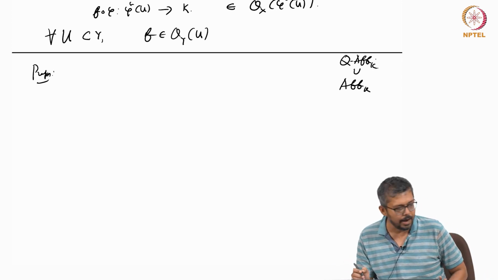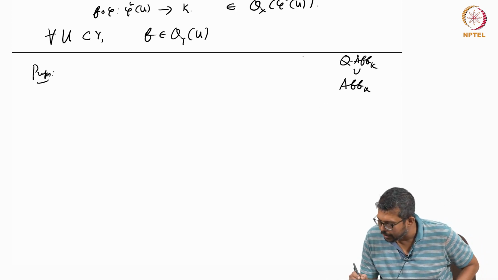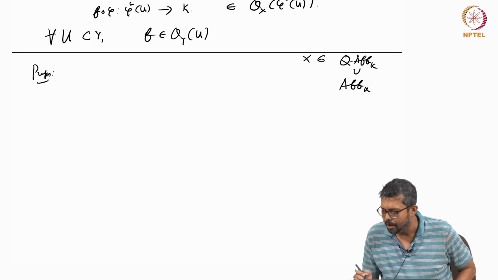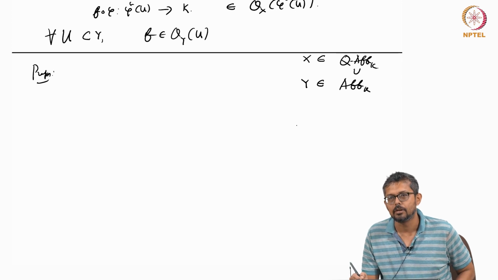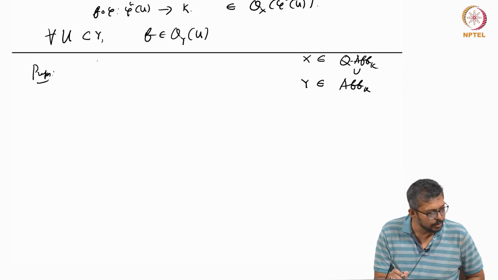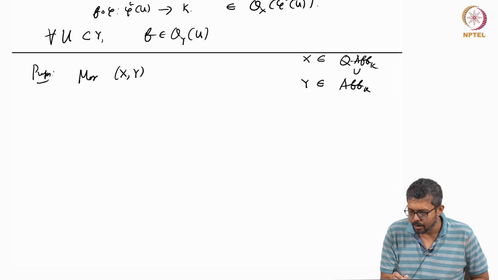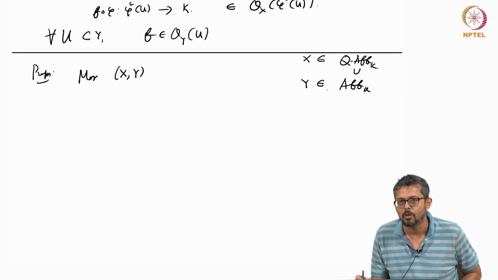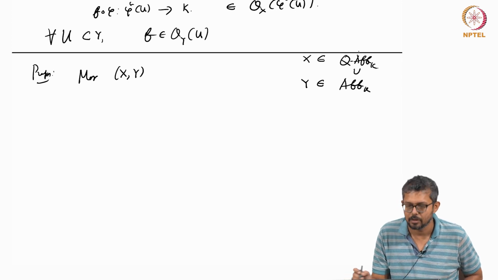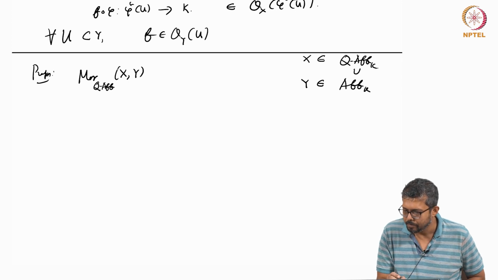But the point is that if you take some object X in quasi-affine and Y in affine, then you can talk about morphisms between X and Y. Since X is quasi-affine and Y is affine, Y is also quasi-affine. So you get a morphism in this category, right?